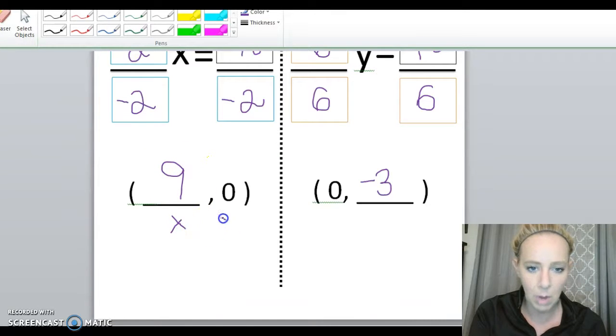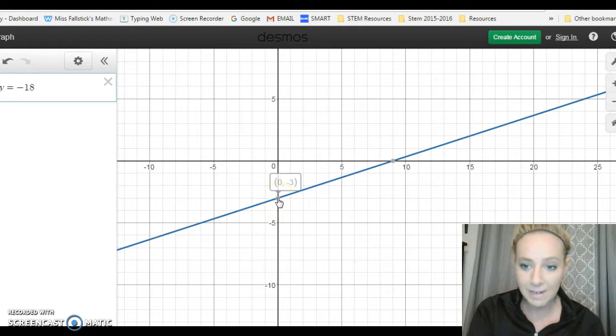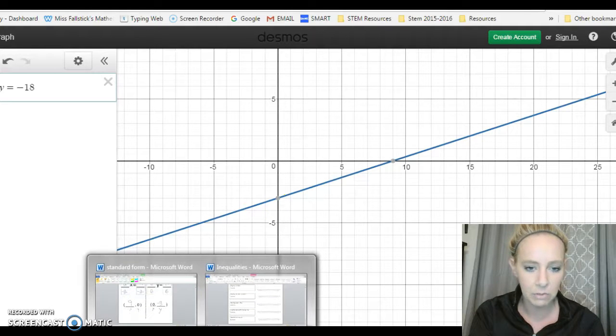I'll put the x and y underneath here again to help you graph your points. And this line should also cross the y-axis at negative 3. Ta-da! Isn't math wonderful?